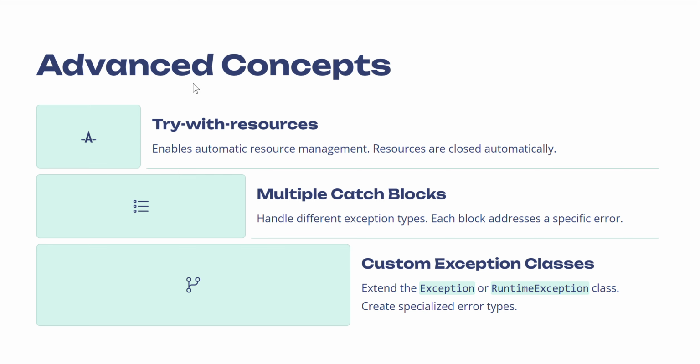There can be multiple exceptions handled using multiple catch blocks and a single try block. Now, custom exception classes. By extending the Exception or RuntimeException class, we can create specialized exception classes which can be used for debugging purposes and which make the code easier to run, execute, and understand.